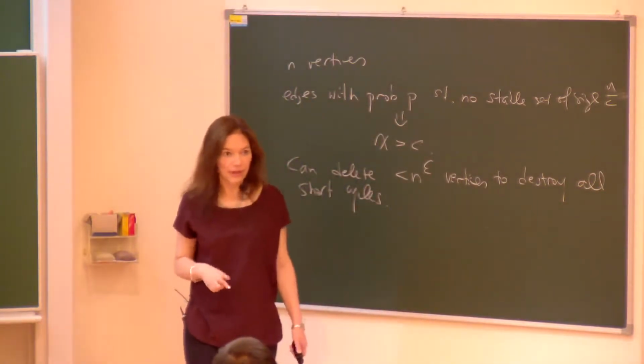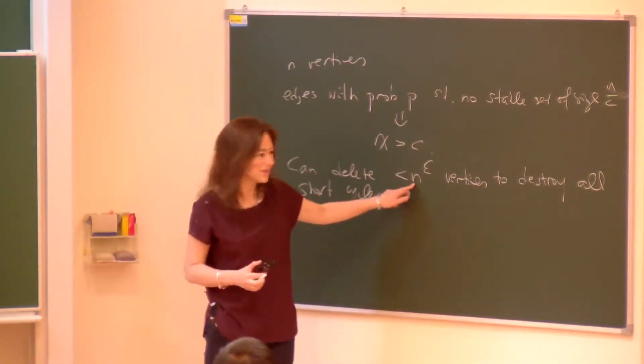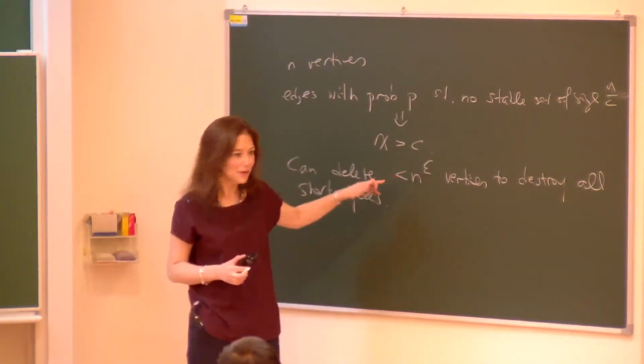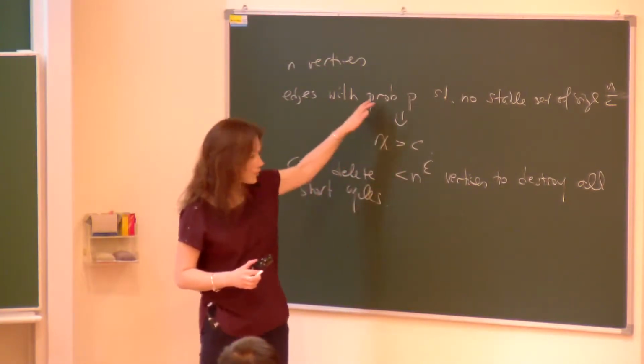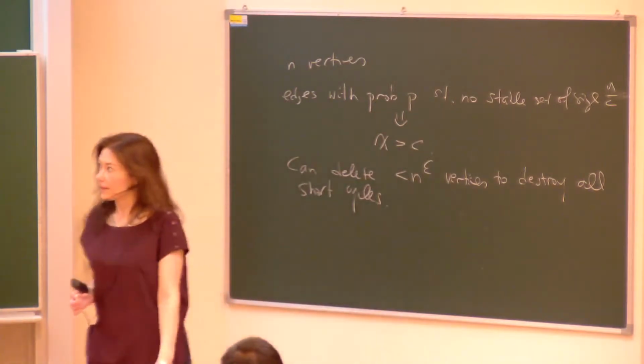And now that's exactly what you wanted. You have a graph, so maybe you deleted a little bit of vertices, but you still have 99% of the vertices there. And you still don't have a big stable set, so the chromatic number is big. And that's exactly the construction that you wanted.